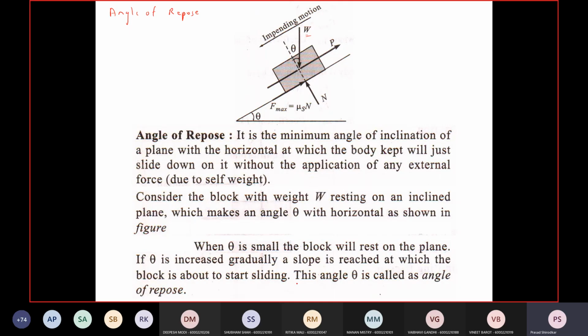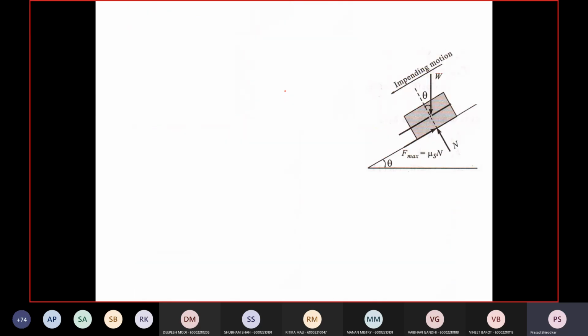So that angle theta is called the angle of repose. So the angle at which the block starts to slide down due to its own weight is called the angle of repose. Now let's see what is the similarity between the angle of repose and the angle of friction.